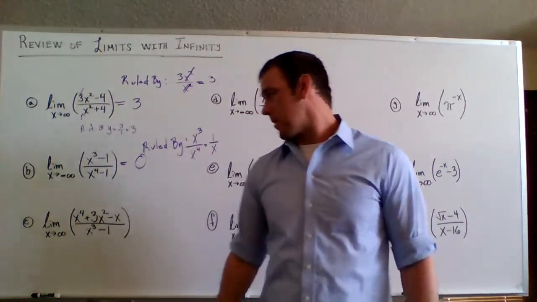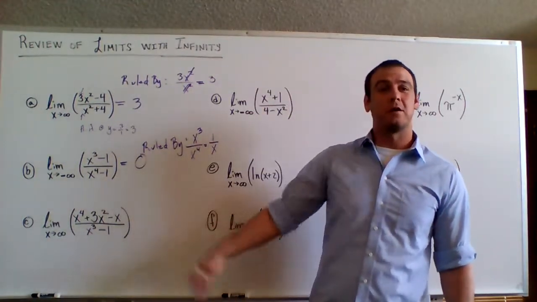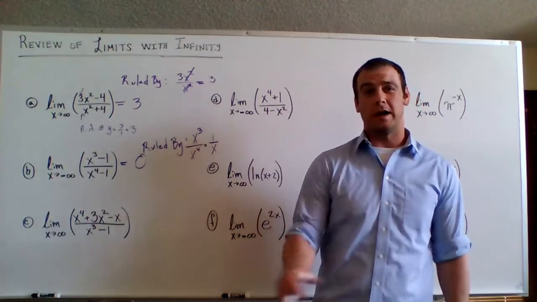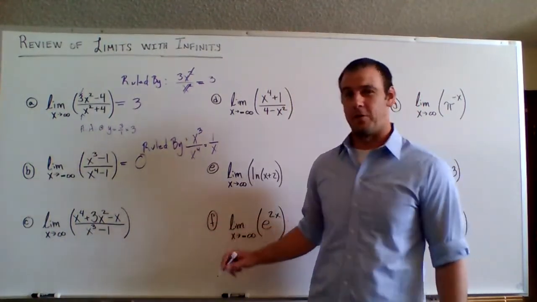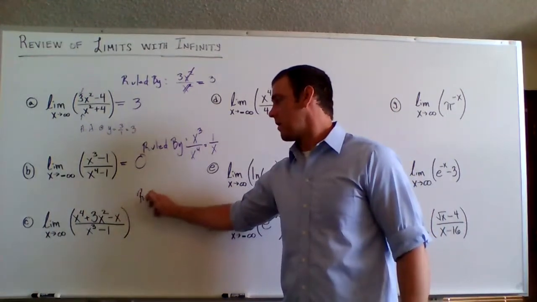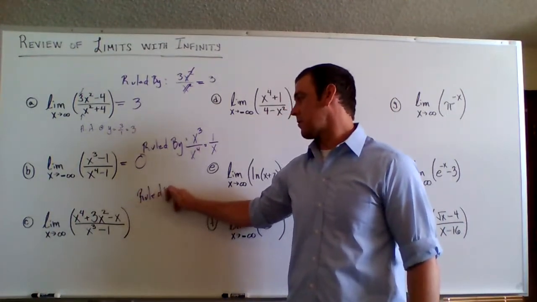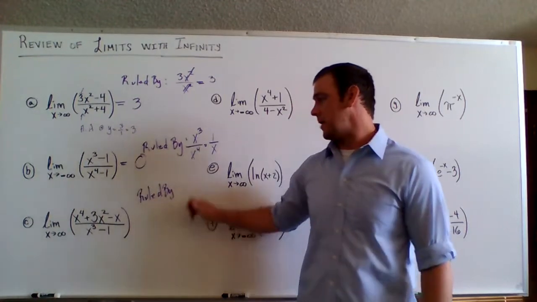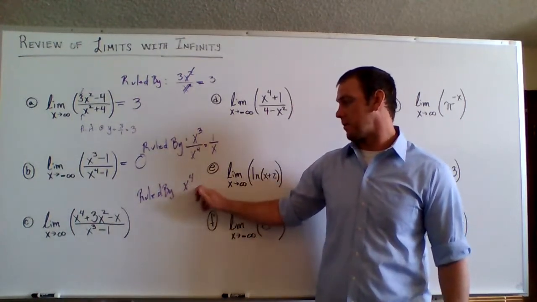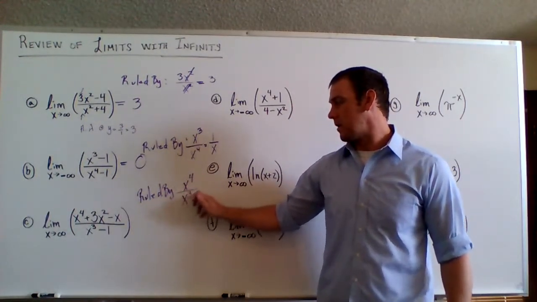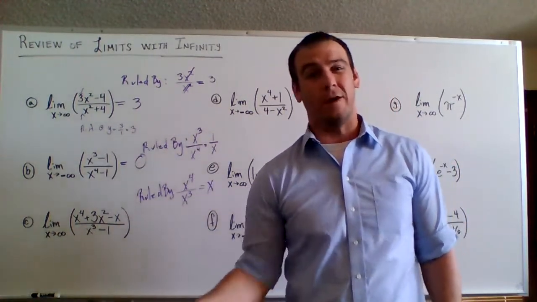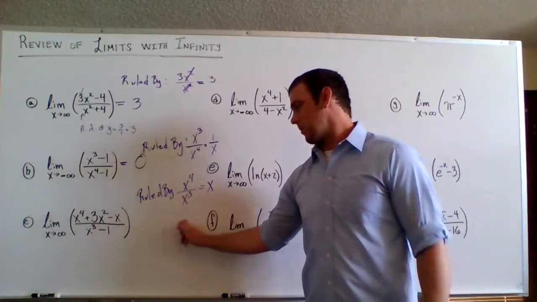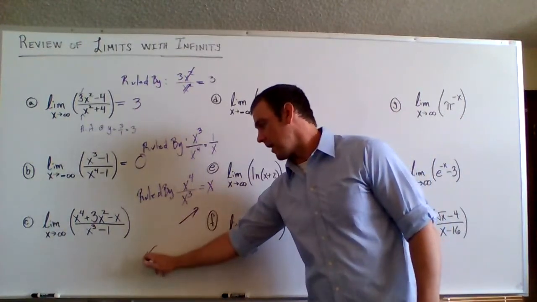Our next one: if you notice, our degree is bigger on top here, so we do not have a horizontal asymptote. You have to go with ruled by on this. For C, our end behavior is going to be x to the fourth over x to the third, which is really just x. If you think about the graph y equals x, we go up to the right, down to the left.